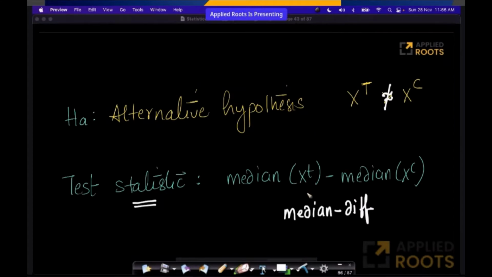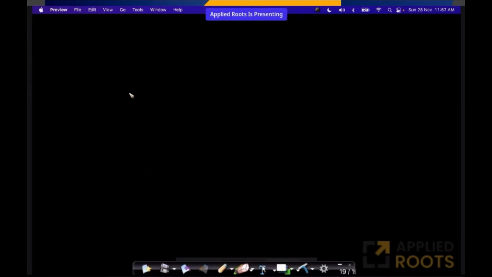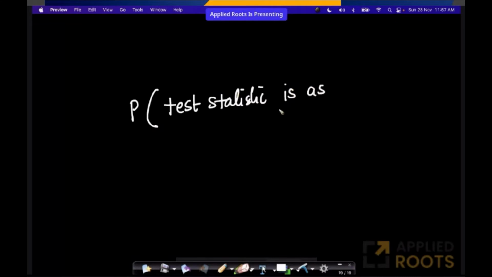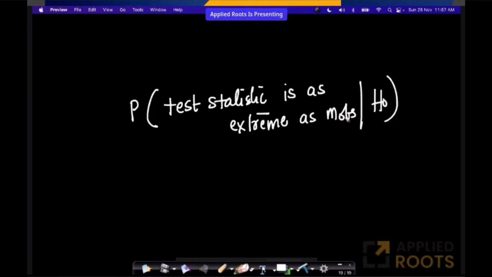This is the numerical value that we measured, and we said, hey, this is the statistic which I will measure. In our whole test, we asked, what is the probability that my test statistic is as extreme as what was observed, which was M observed, under the null hypothesis, right?